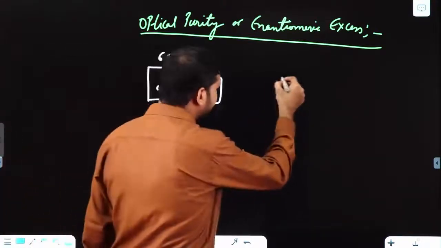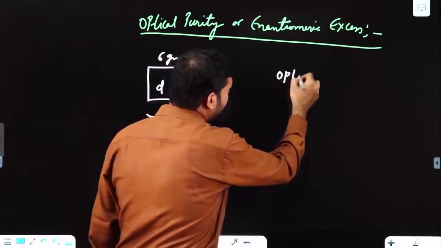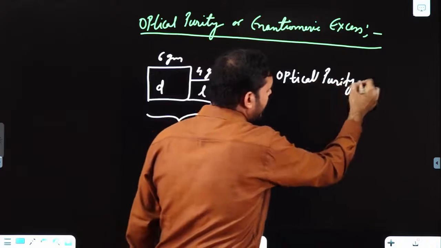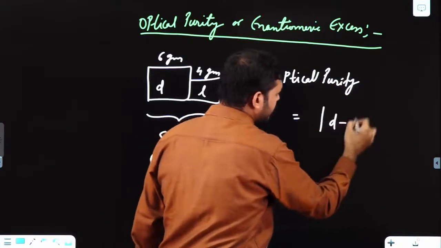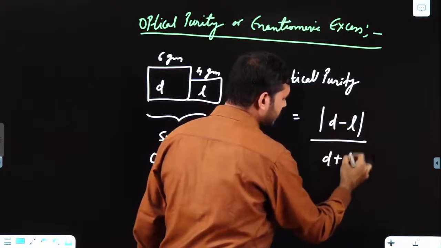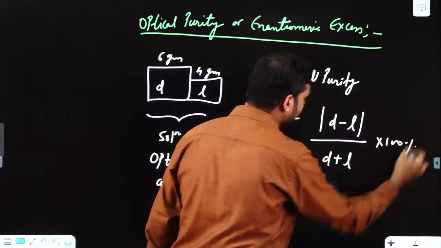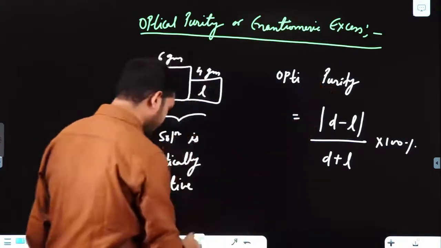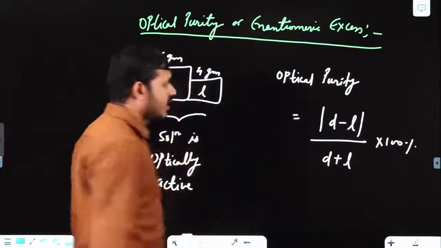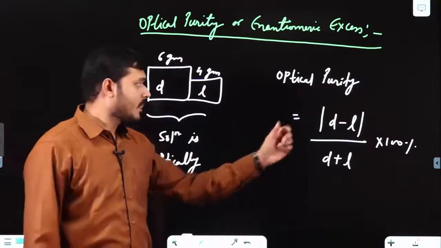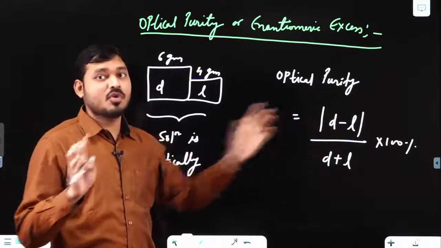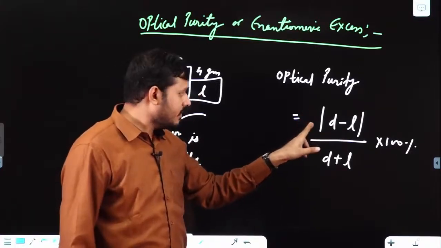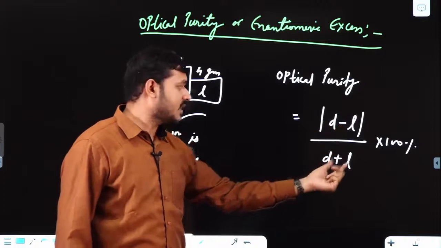I can say in such a case that optical purity, the percentage of optical purity, will be calculated using this formula: modulus of D minus L upon D plus L into 100. I have taken the mod here, and mod means positive value.